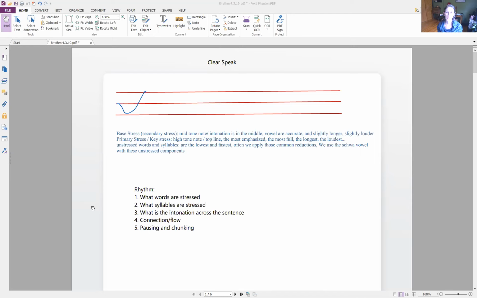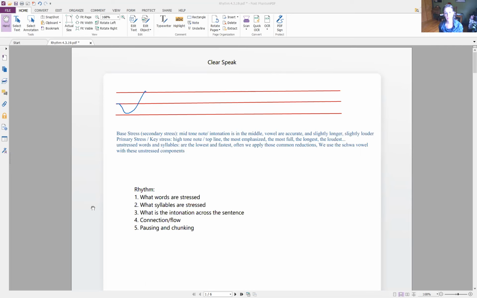With rhythm, we also talk about word stress. Which syllable within a specific word is receiving that stress? And the stress will be the same. Higher pitch, longer, louder, more clear. Intonation, I like to talk about as being the general pattern of the voice across the sentence. Where is the voice going up?